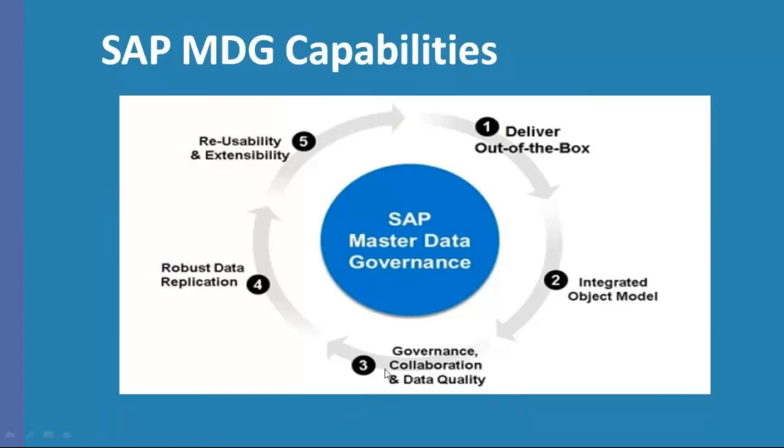Governance process, the one which I was talking about, the framework. Like if I create something, then before me there will be several approval procedures. Then data quality, we have data validations, data derivations, as I mentioned. Then replication, the robust data replication, the centralized replication process across the landscape. And then reusability and extensibility. So these are all a few points which make MDG a very important system.